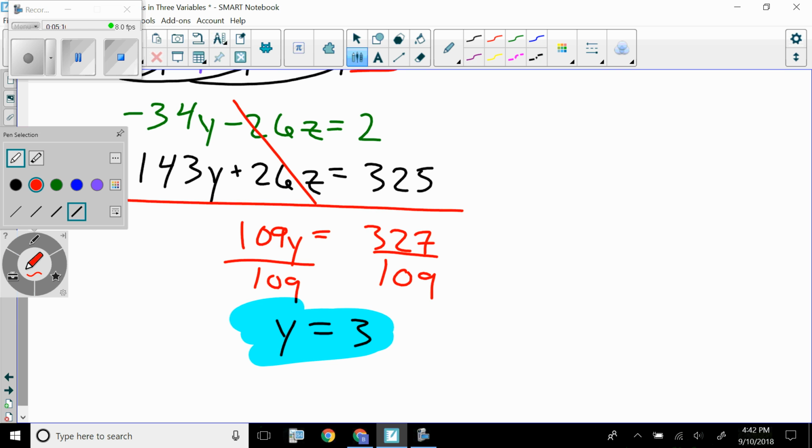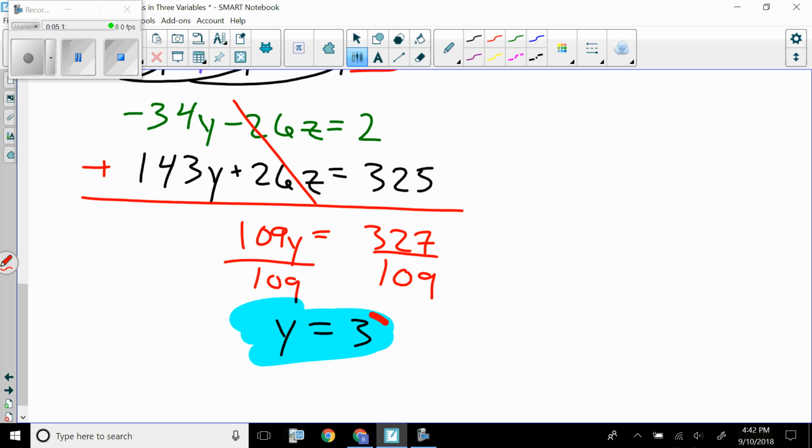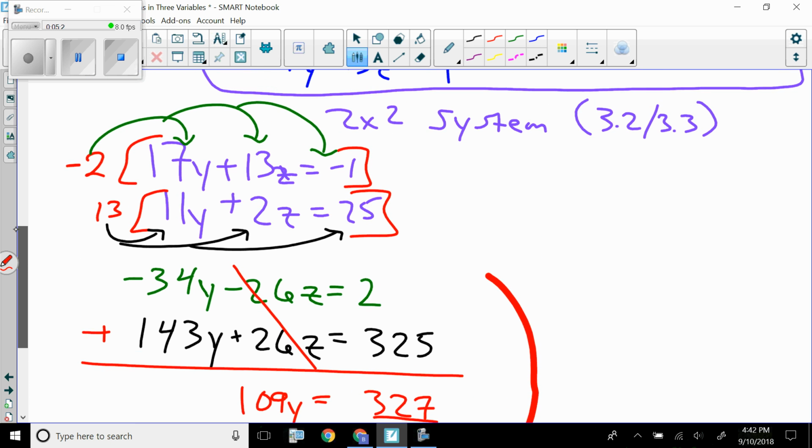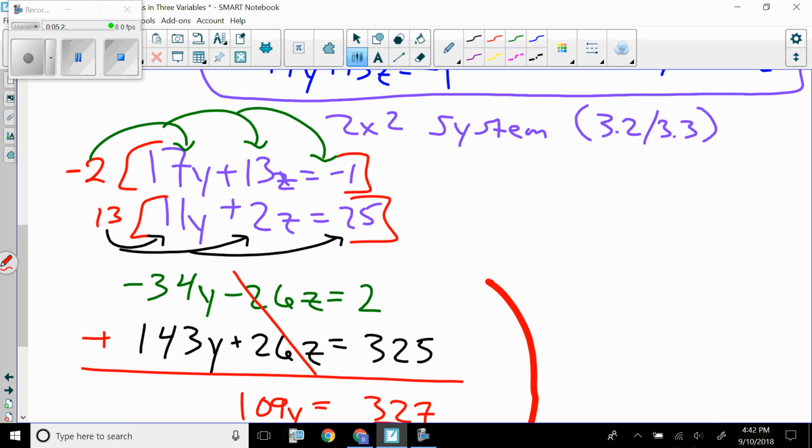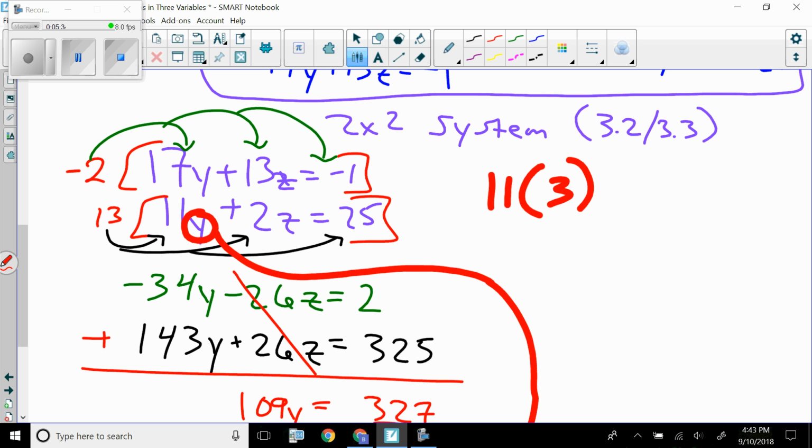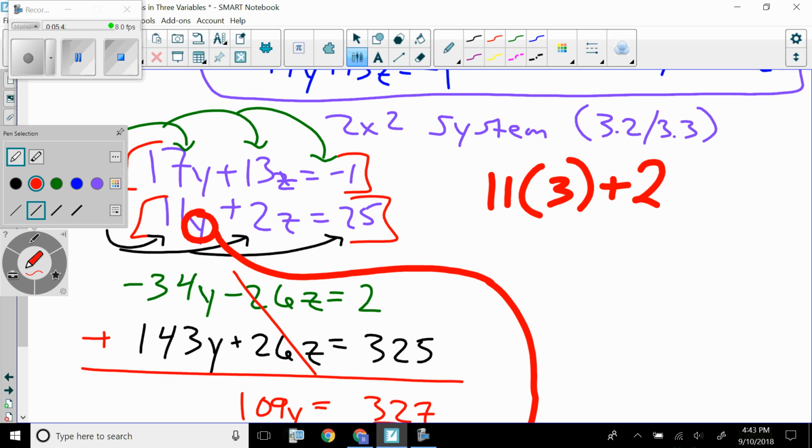Now that I have one answer, I need to take that 3 right there, and I need to plug it back in. If we trace upward here, I need to plug it into one of these two 2x2s. Now, it doesn't matter which one. I see that this second equation is a little smaller, so maybe I'll plug it in right there. So that's 11 times the 3 plus 2z equals 25.